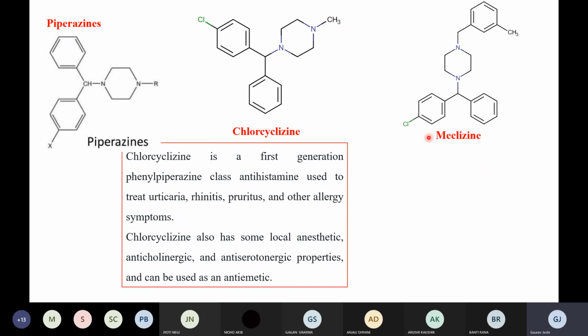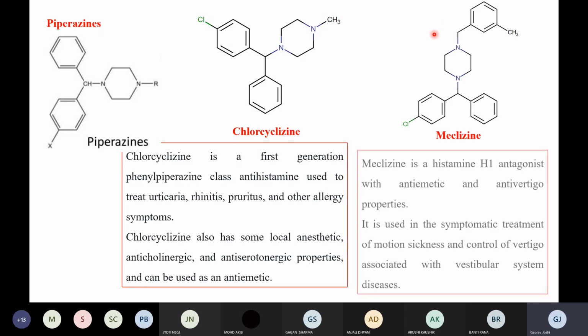Then we have meclizine. In meclizine, we are replacing this CH3 with a benzyl ring. See, this is the benzyl ring, CH2, benzene. So we are replacing the methyl with a benzyl ring. What will happen when we do that?